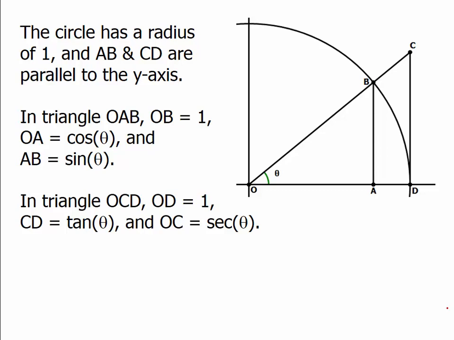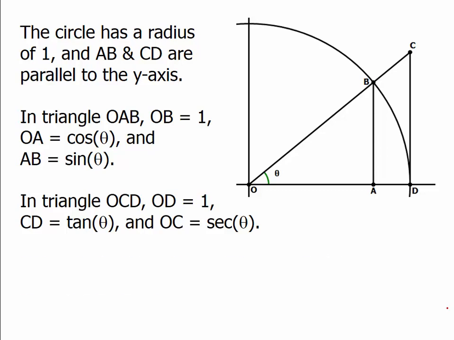Well, on that triangle, OD is 1. And so that would mean that opposite CD over 1 equals the tangent, so the tangent equals CD. And it means that hypotenuse over adjacent, OC over 1, is secant, so OC equals the secant.